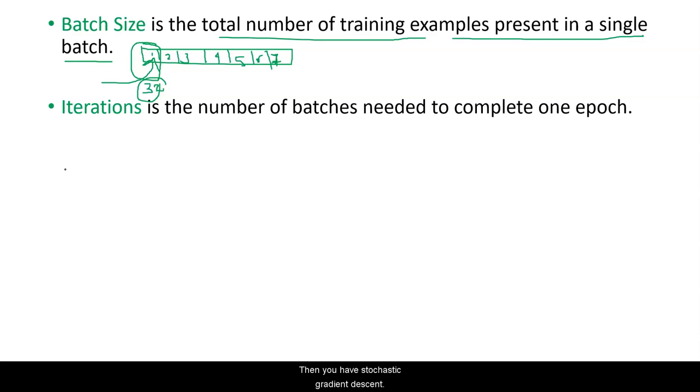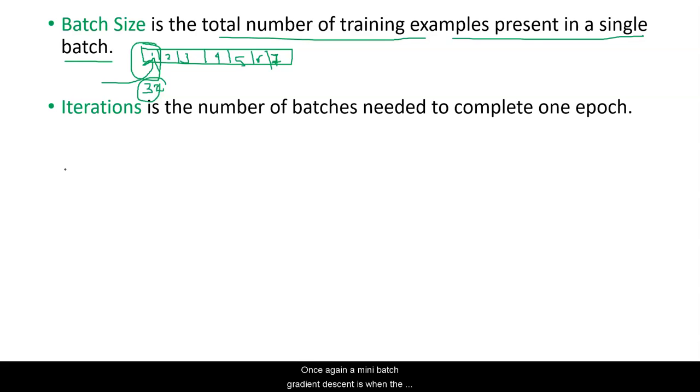Now then you have stochastic gradient descent. Stochastic gradient descent is where you have a batch size set to 1. And third is mini batch gradient descent, which is when the batch size is set to more than 1 and less than the total number of examples in the training data set.